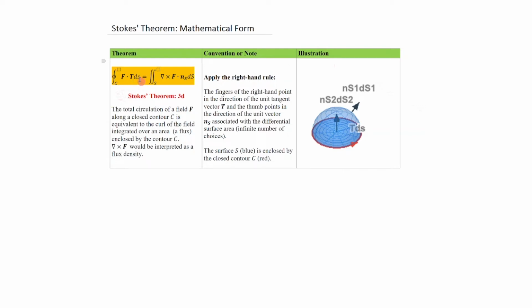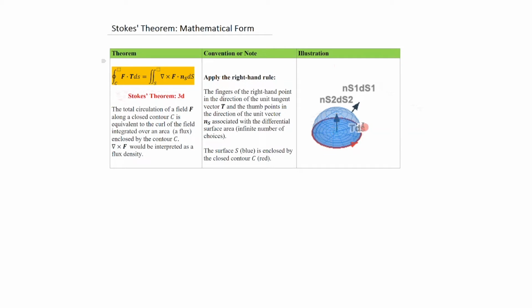What we're saying is that if you do this calculation, that's equivalent to taking the curl of this vector field, dot producting it with a surface area vector, and integrating over the surface. And this surface is bound by this contour. Here, of course, the right-hand rule would apply. So, for instance, the direction of t and the direction of nS are linked to each other through the right-hand rule. If we use this picture again, here's TDS, and going by the right-hand rule, the area vector will be pointing upwards.